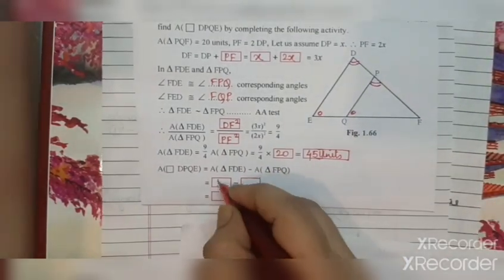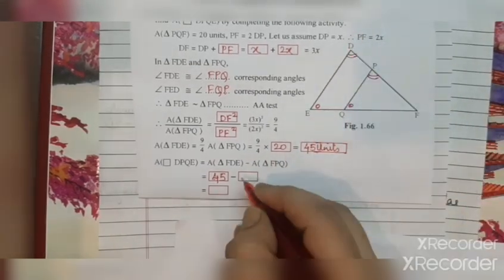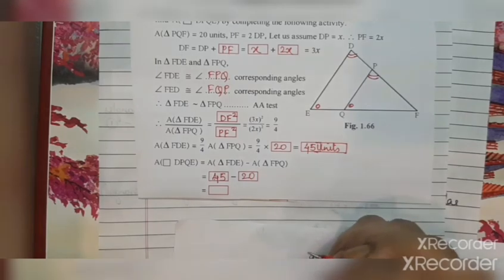Okay, now we want the area of quadrilateral DPQE. How will we get this? Bigger triangle minus smaller triangle. So triangle FDE minus FPQ, you will get this quadrilateral. So FDE, just now we found FDE, that is 45. And FPQ is given as 20.